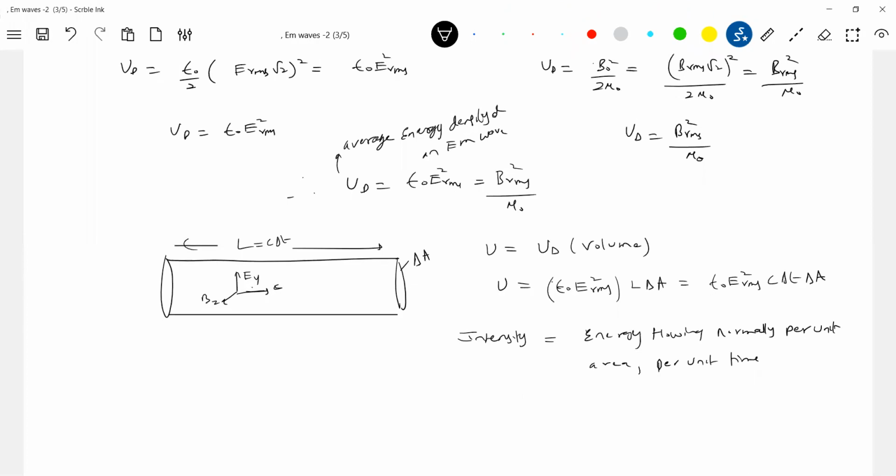I should not show a direction for energy, just for our understanding purpose. There is a direction of flow. So what is the expression for intensity? Energy per unit area per unit time. So everything will become ε₀E_rms² c Δt ΔA.